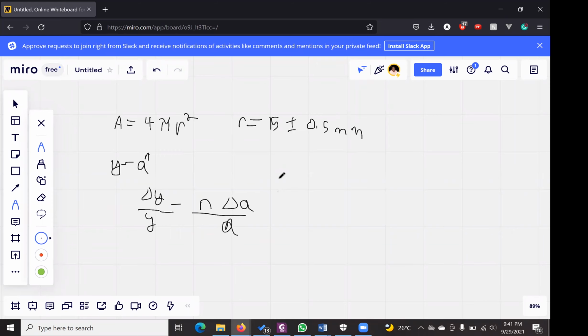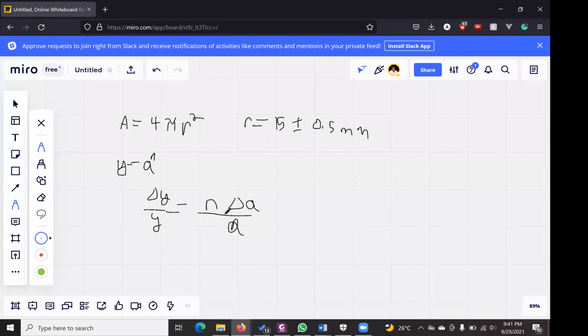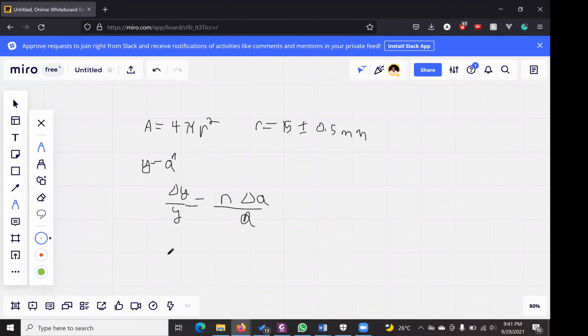Now, we know that the absolute error in A would be 2 times the 0.5 that they gave you, divided by the actual value that they gave you, which would be 15.